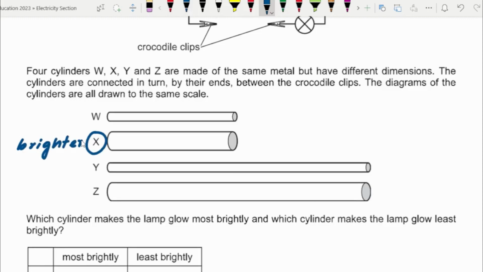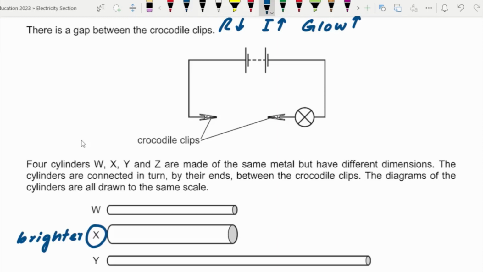Now for the least bright, we have to choose the cylinder with maximum resistance. So what's going to happen is, if there's a lot of resistance, the current passing through the circuit would decrease and thereby the glow would be reduced.